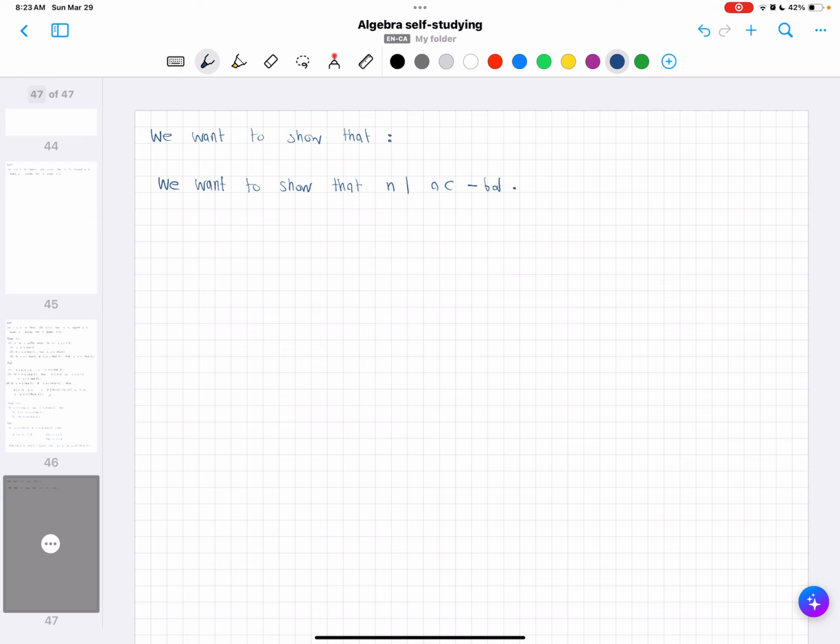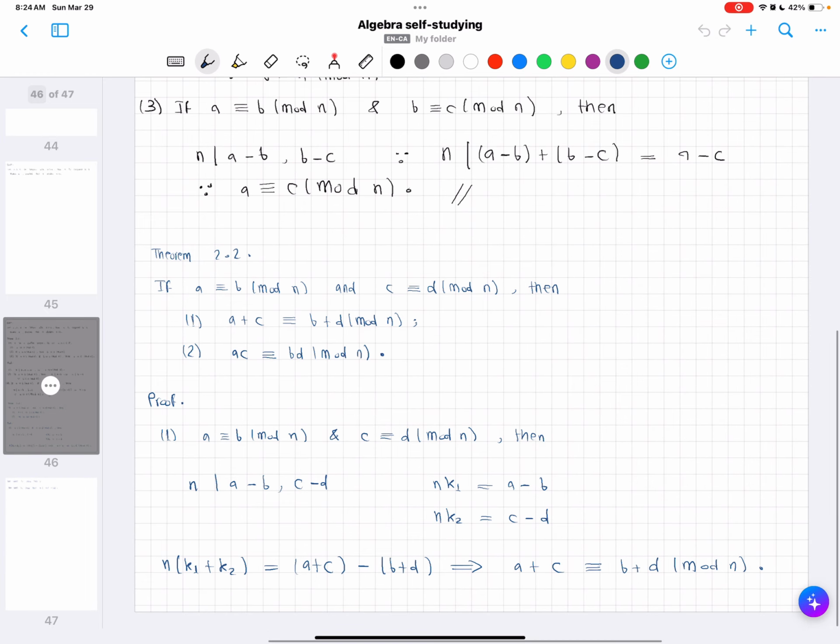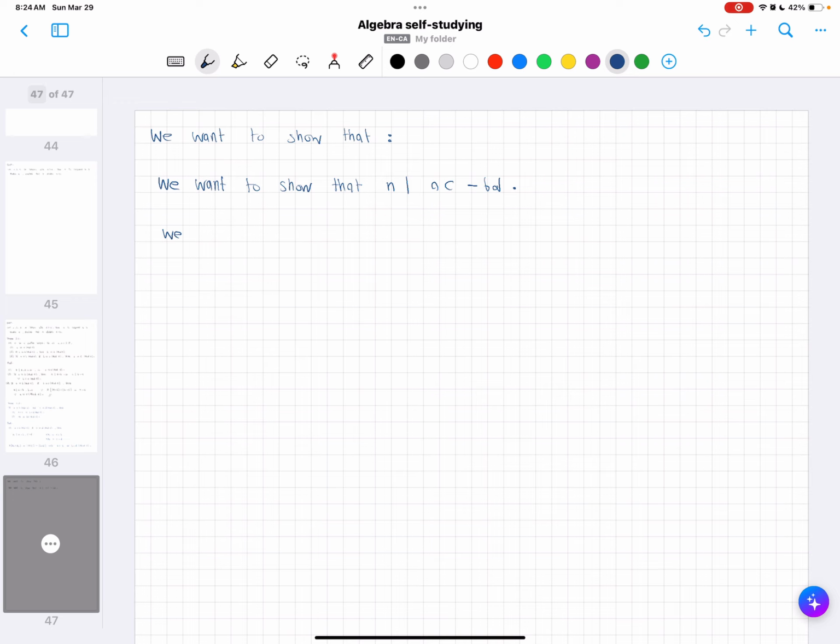So what do we know? We know that A is congruent to B and C is congruent to D. So what are we missing here? Let's see what we're missing. We want to show, let me write it here, that AC is congruent to BD mod n.